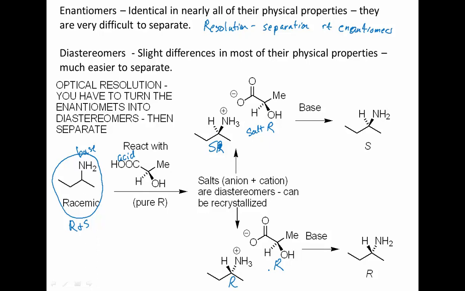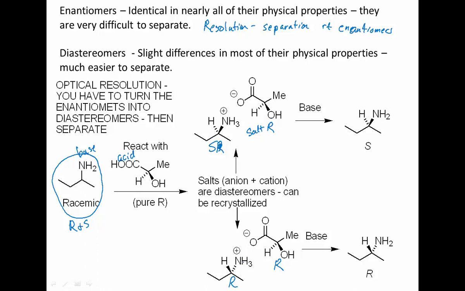Once you've got the salts separated, you can treat this with base, and this will remove this extra hydrogen and get you back to the free amine. The free amine that you have here will be the S enantiomer. The base is going to keep this as the salt, and you can usually wash that away because that's very water soluble.